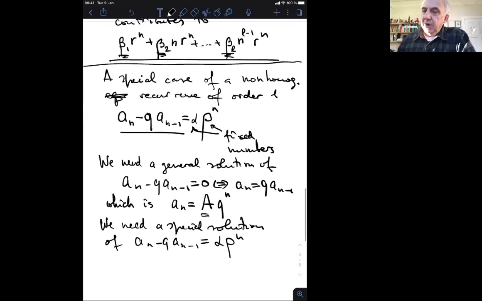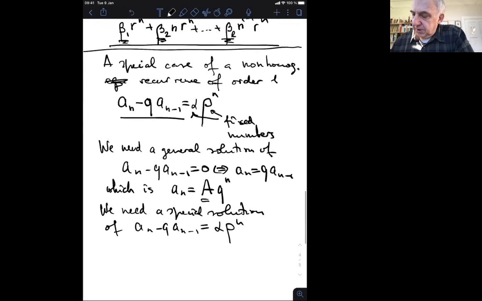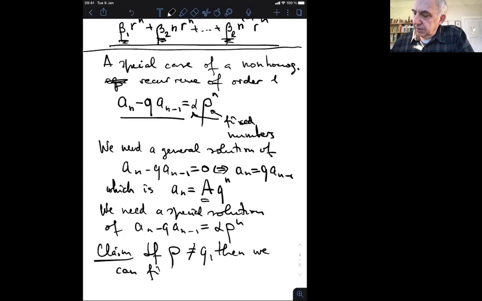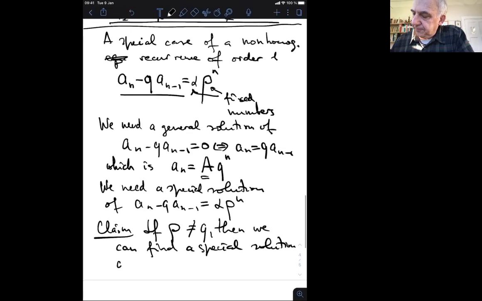Okay. Now here, two situations can occur. So here is the new part. Claim: if rho is not q, then we can find a special solution as a n equals some new constant beta rho power n.